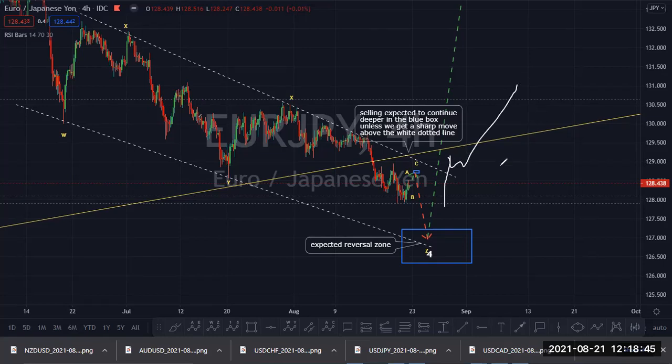But if that doesn't happen, expect this. Listen again. Unless we see a strong, sharp buy that breaks this channel, then the selling is over. But if that doesn't happen, expect a further drop.